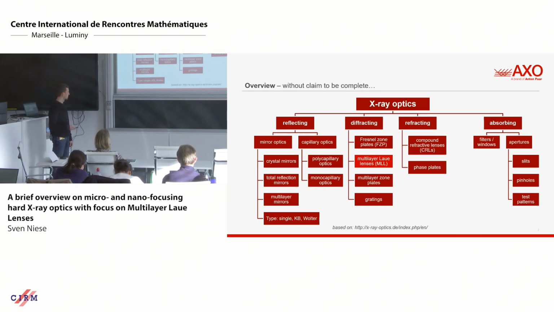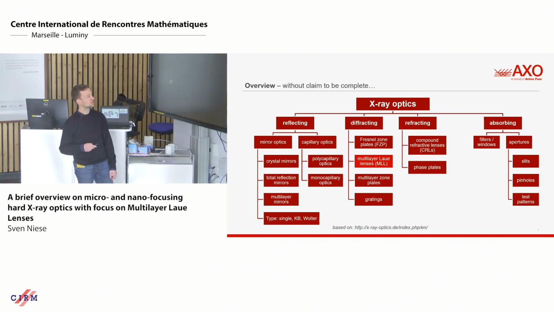There is this site xrayoptics.de from, I guess, Arndt Last, and this kind of overview is a bit inspired by him. So there are different types of X-ray optics. Reflecting ones, that's where we are mainly manufacturing. Diffracting X-ray optics, where you find the Multilayer Laue Lenses.